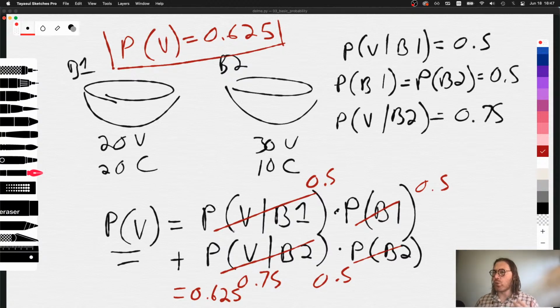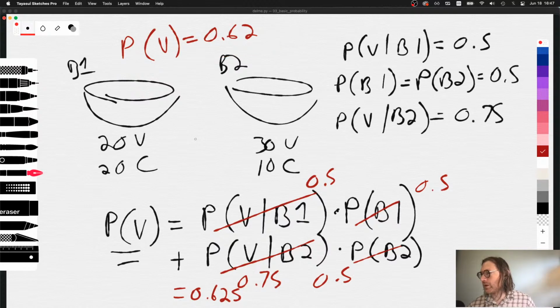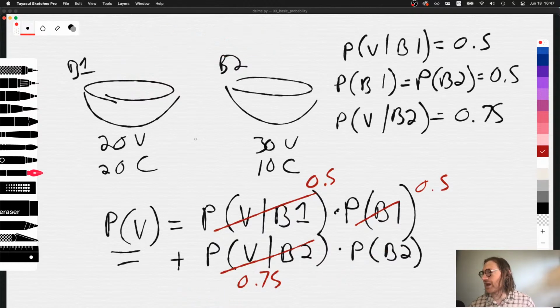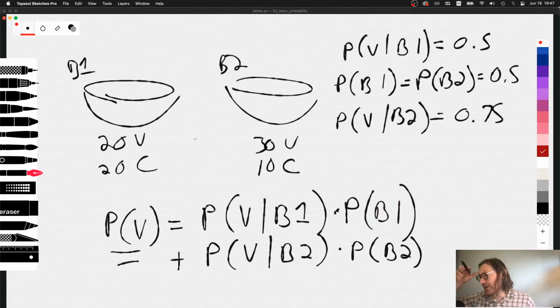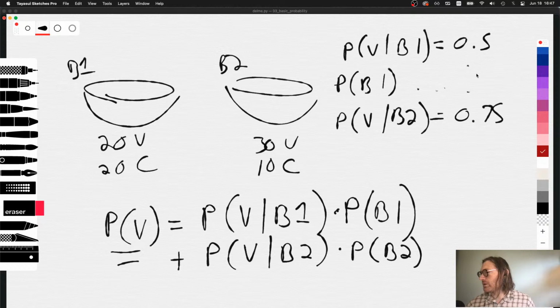But what if we change those values? What if we imagine bowl 1 to be a much larger bowl, and we can rethink this problem based on that idea? So all of this is going to stay the same. What's going to change is the probability of bowl 1 and the probability of bowl 2. Let's say that bowl 1 is much more probable, right?